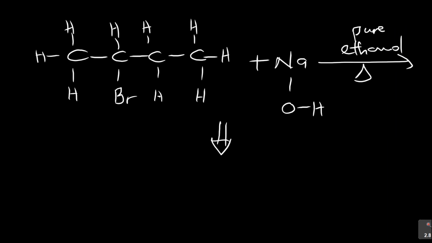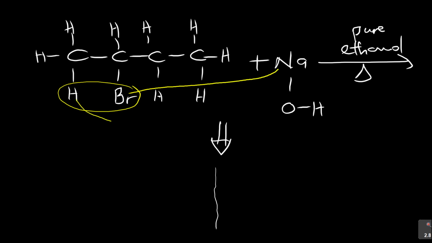So let's look at this. What are we going to get? Two products are going to be formed. I'm going to divide them. The first product is, look at it, I'm going to take this one, the one that will be eliminated. And when it is eliminated, remember, the Br goes there, the H goes there to form what? They will form water and the salt. So what am I going to have?